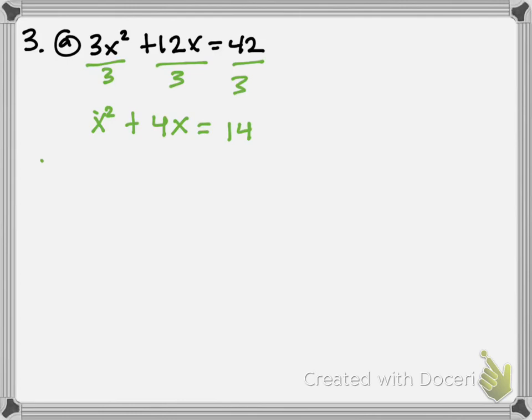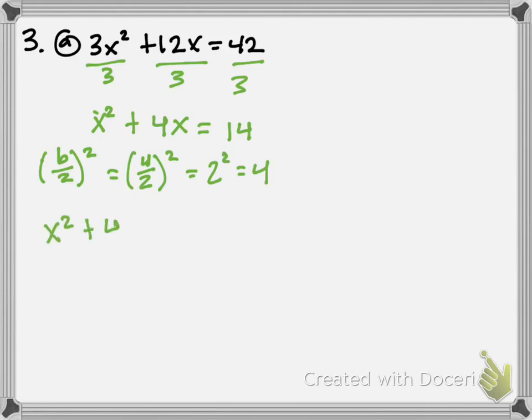So I want to figure out my c value. Remember, that's b over 2 squared. So 4 over 2 squared is 2 squared, which is 4. So I'm going to add 4 to both sides. 14 plus 4. So I get x squared plus 4x plus 4 equals 18.